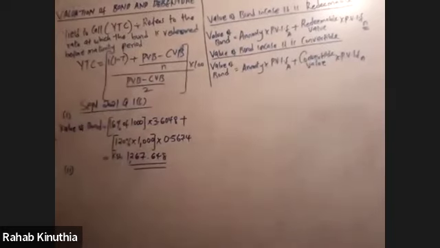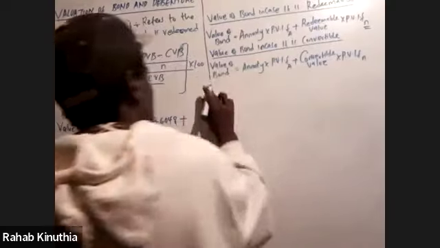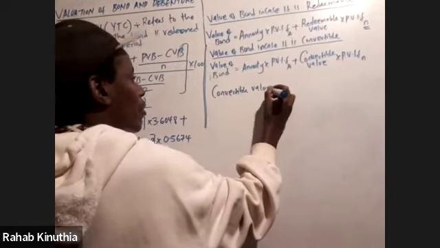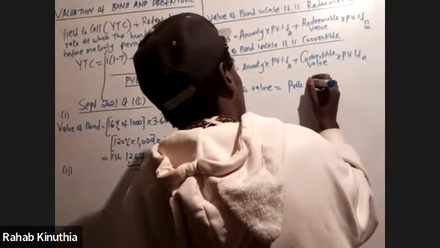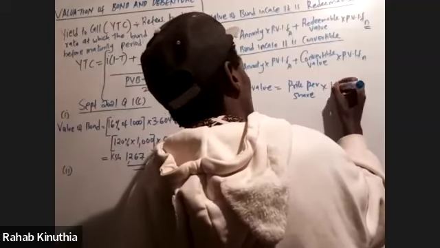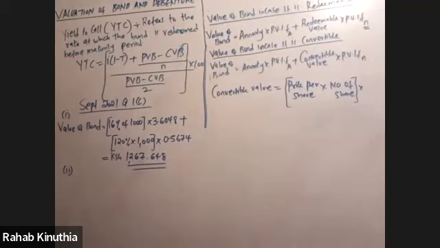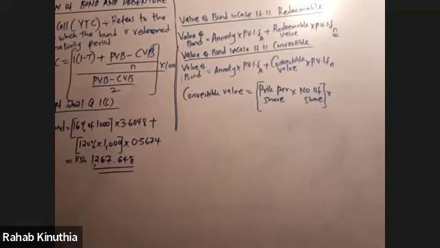Now from this question of ours, they tell us to convert the equity shares at a certain rate. Before that, let us find the convertible value formula. What will be the formula for convertible value? It will be equal to price per share, we multiply with the number of shares.